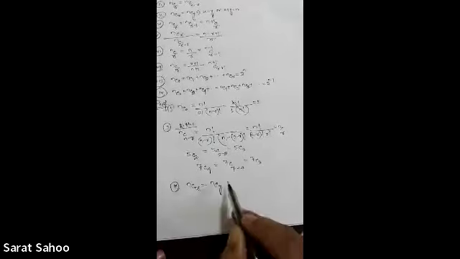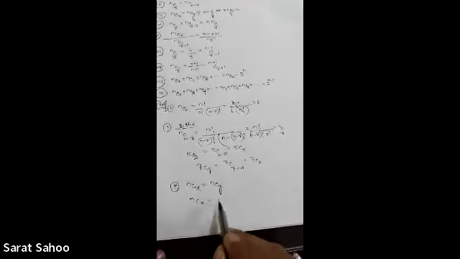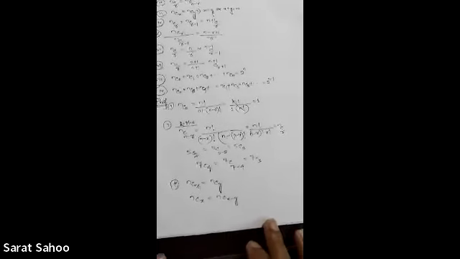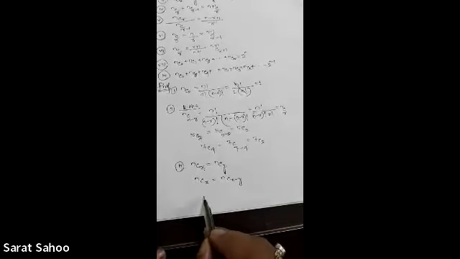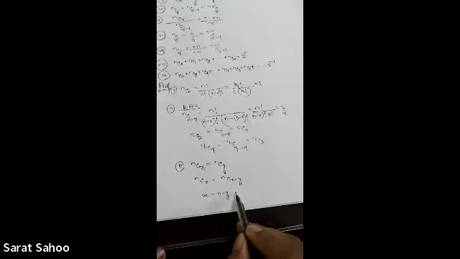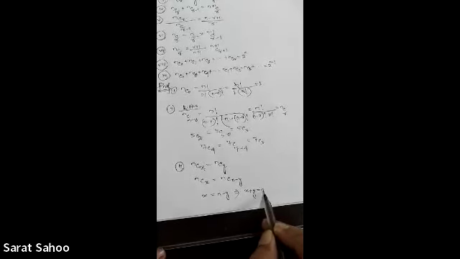If x is not equal to y, then nCx is equal to nCy can be written as nC(n minus y) according to the previous one. So x must be equal to n minus y. So x is equal to n minus y. This implies x plus y is equal to n.